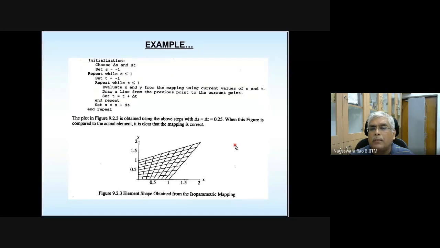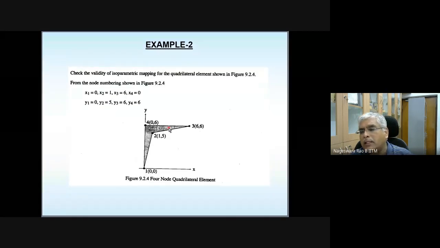Let's take another example. Let's take this element. Intentionally, this element is taken. You can see here it is violating the condition that the angle between the two edges should be greater than 15 degrees and less than 165 degrees. That condition is violated here.